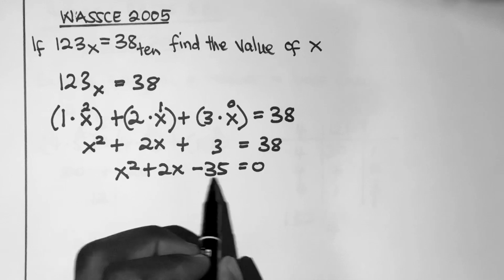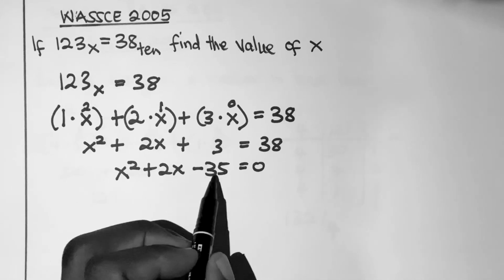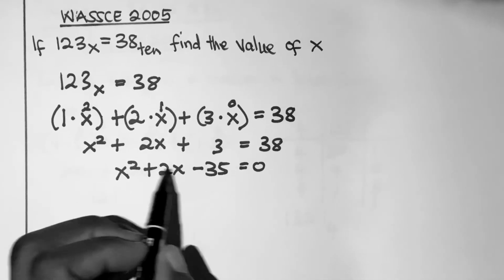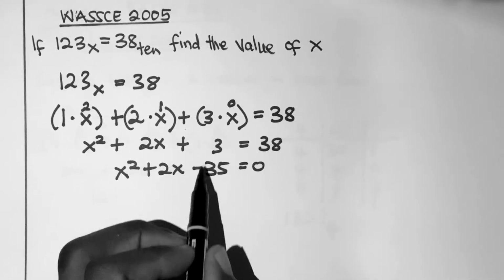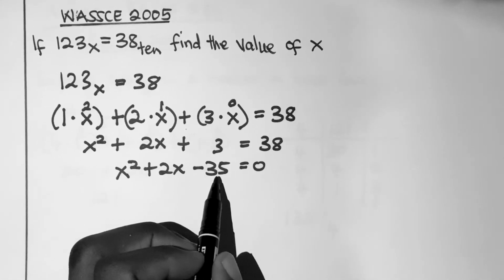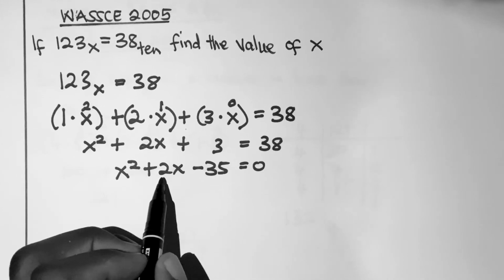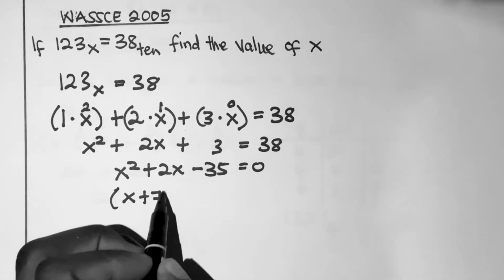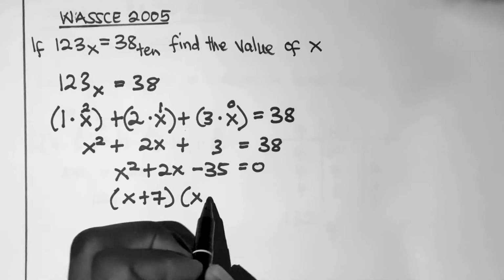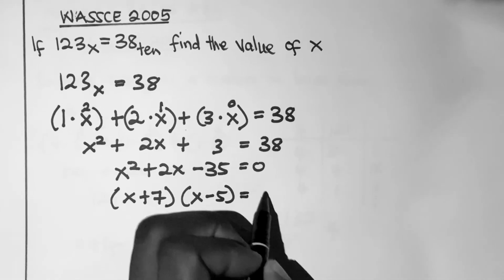So we need to look for two numbers that when you multiply, you get minus 35, but when you add, you get plus 2. You see that 7 times minus 5 is minus 35. However, 7 minus 5 is 2. So we have in one bracket x plus 7, times another bracket x minus 5 equals 0.